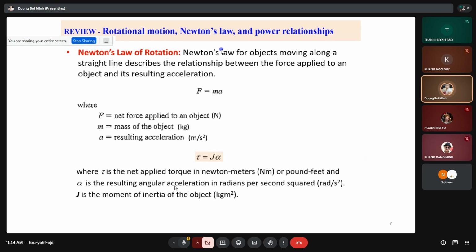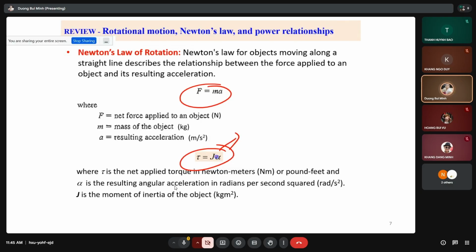So if we apply Newton's second law for straight motion, you get F is m times a. But when we apply Newton's second law for rotational motions, you get torque is J times n. What is J? J means inertial moment, and n is angular acceleration.